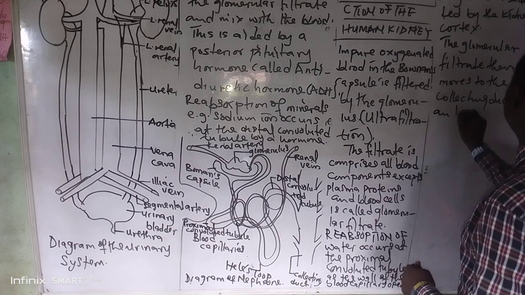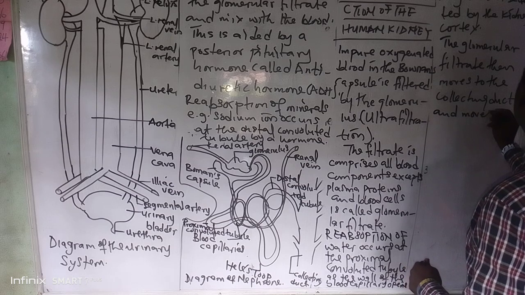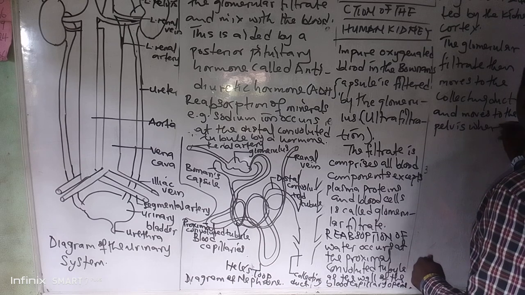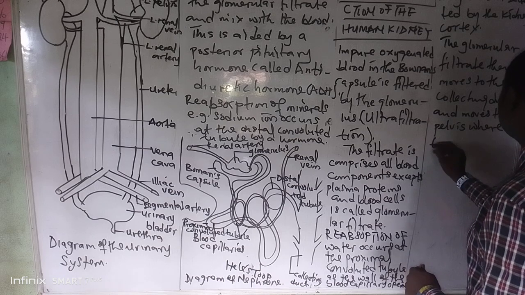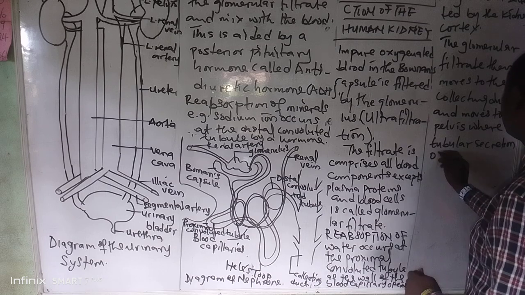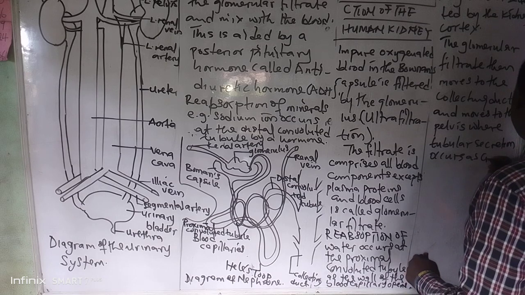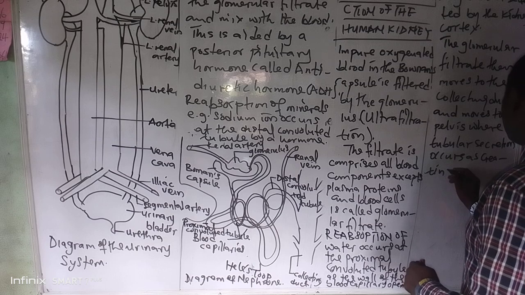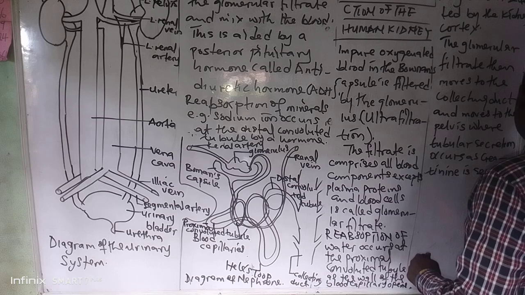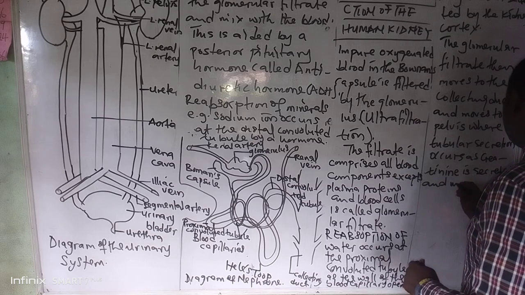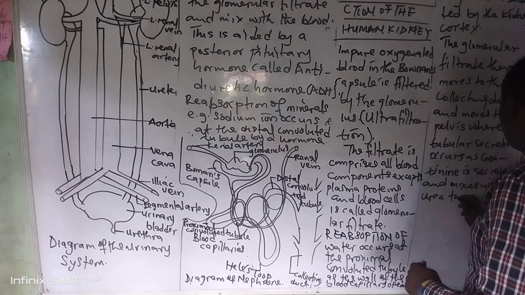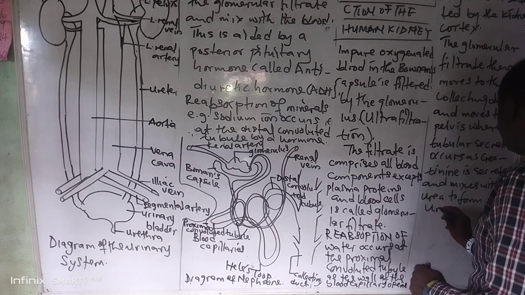And it moves to the pelvis, where tubular secretion occurs. Tubular secretion occurs as creatinine, one chemical called creatinine, is secreted and mixes with urea to form urine.